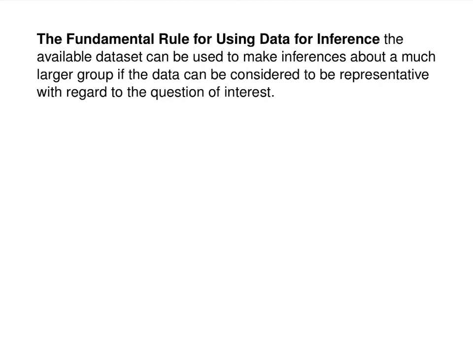So this says that the available data set that you have can be used to make inferences about a much larger group only if the data can be considered to be representative with regard to the question of interest. So the kicker is you have to have a representative sample.